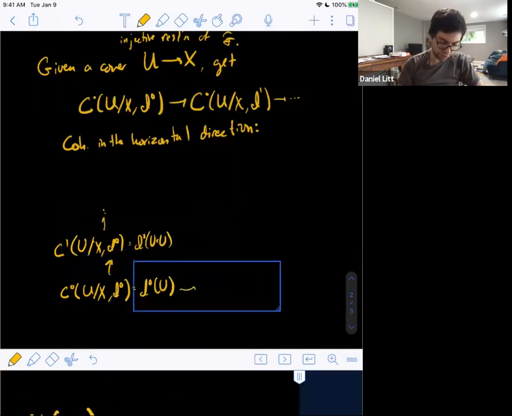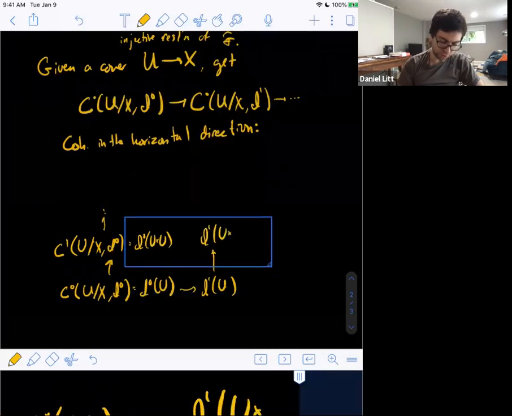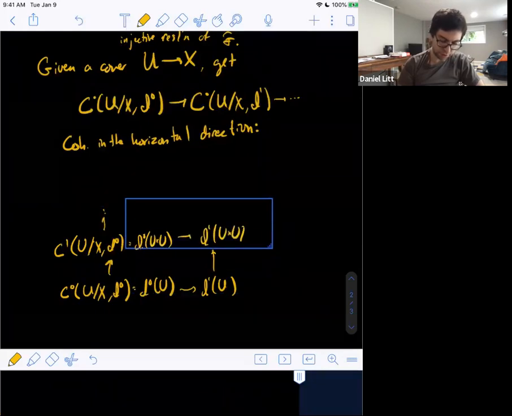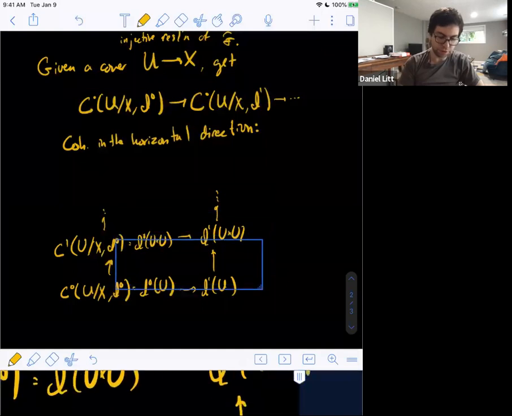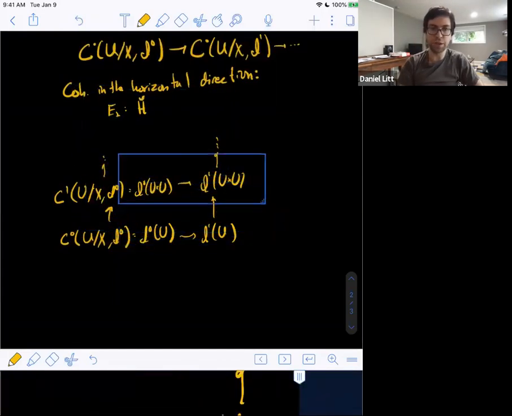And this goes to I1 of U, which is the first thing in the Čech complex of U. This goes to I1 of U cross U, and so on. Computing the cohomology in the horizontal direction, so the E2 page of the spectral sequence, we get the Čech cohomology, right? So these vertical complexes.